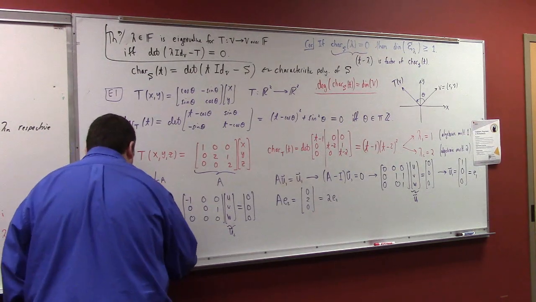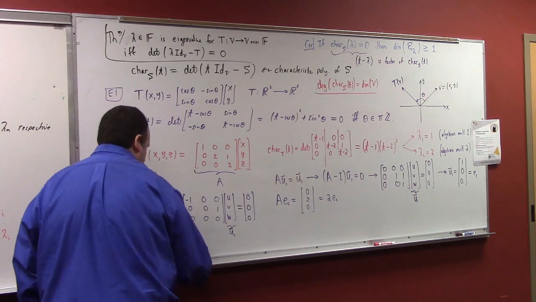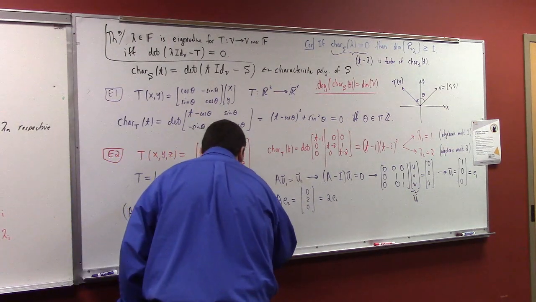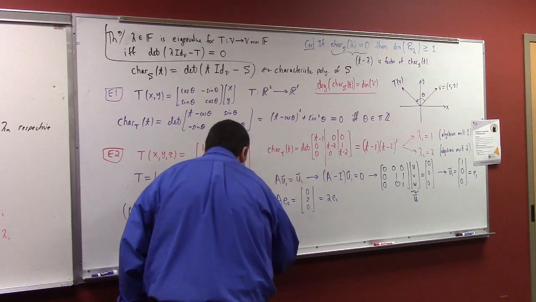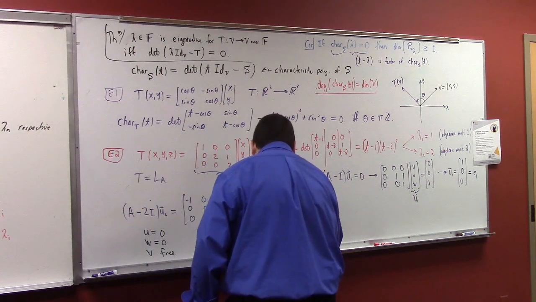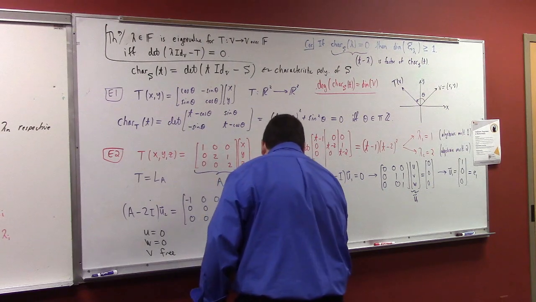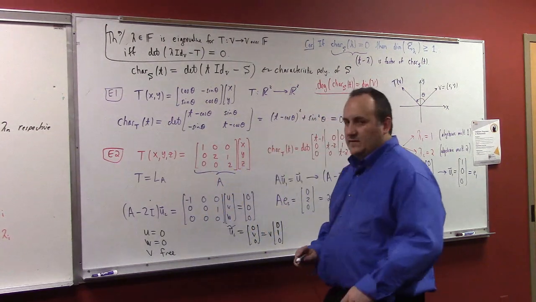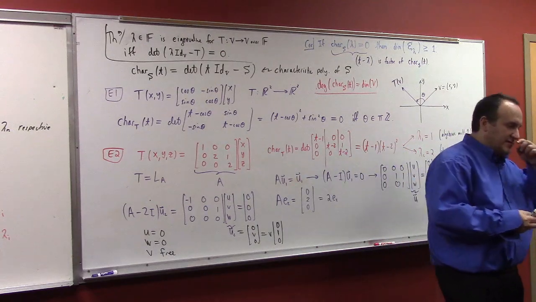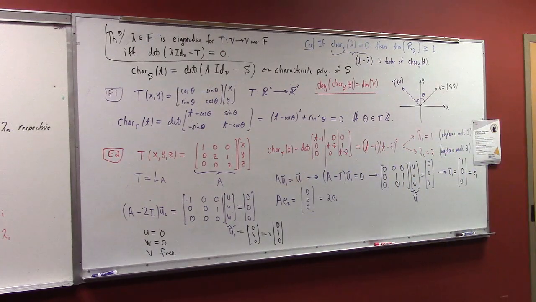So V is free. That means that U2 looks like 0, V, 0, which means it's a non-zero scalar multiple of 0, 1, 0. By the way, in the pursuit of eigenvectors, we don't really care about scalar multiples. We just want to find one. So I usually just make it length 1 if I can.